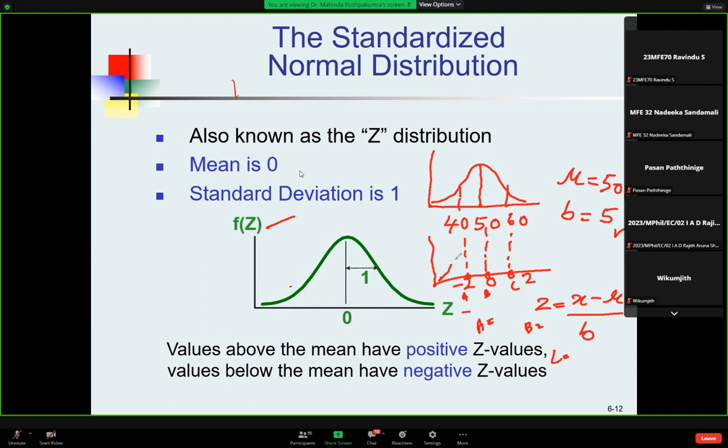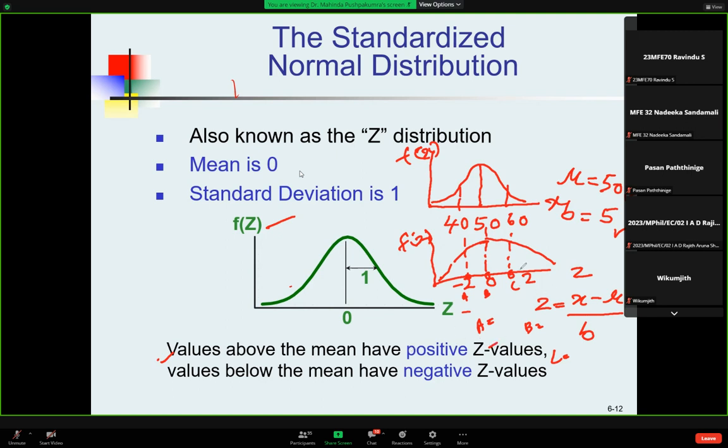Then the Z distribution is like this. Here is Z, here f(Z). Here X, here f(X). Now you can realize values above the mean have positive Z value.